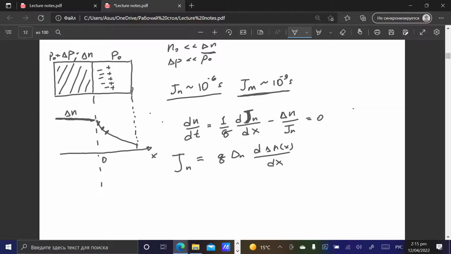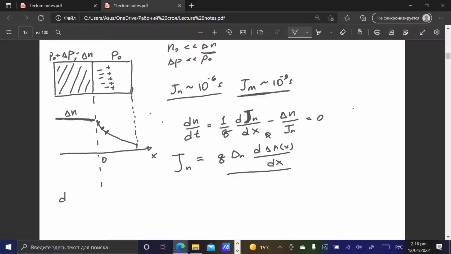Now we can substitute this expression in the continuity equation and, after some rearrangement, get the final differential equation, which will help us get the concentration profile of minority charge carriers in the dark region of this semiconductor. So we need to take the first derivative of this expression over position.